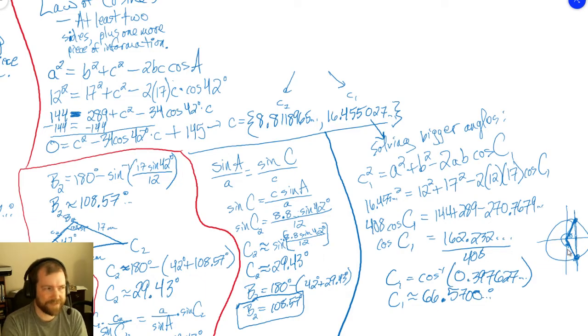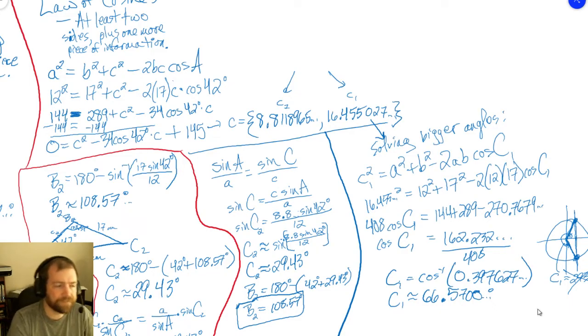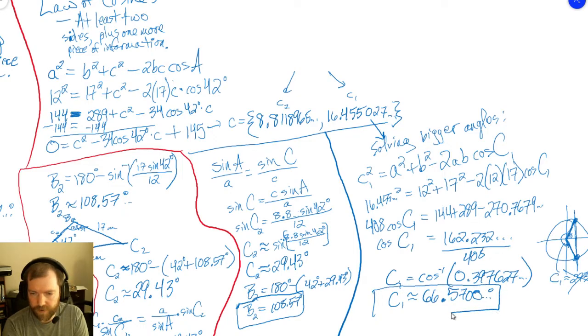So that's not really going to work for us. It's 293, right? 293 degrees inside of a triangle? I don't think so. So here, C1 could have been equal to 293 point something degrees, and we just say, that's not happening. So C1 gets us this value here.